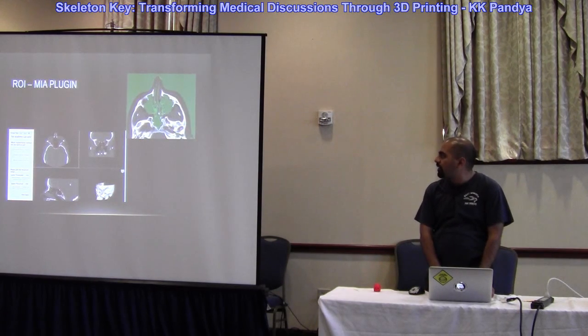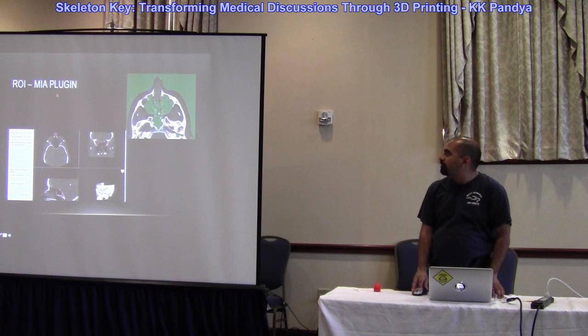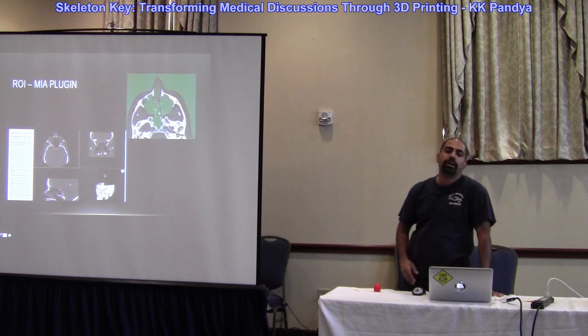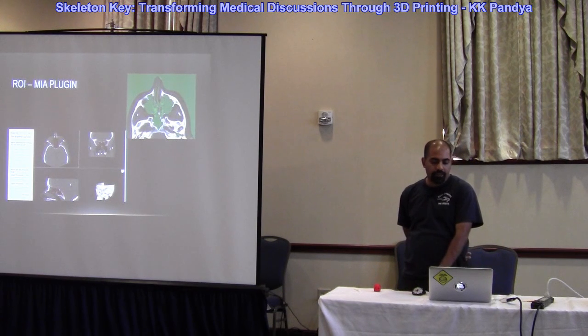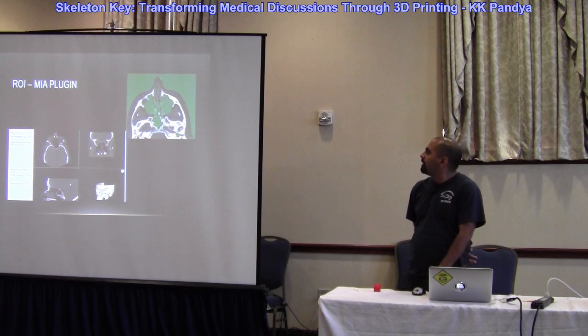There's one other plugin I found called MIA, Multiple Image Acquisition, I believe, that defines regions of interest within Osirix pretty well. And that plugin's available free.